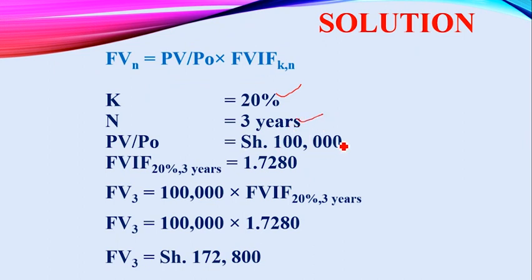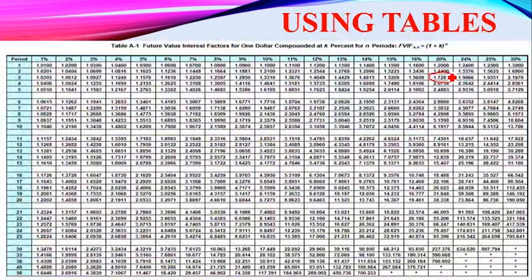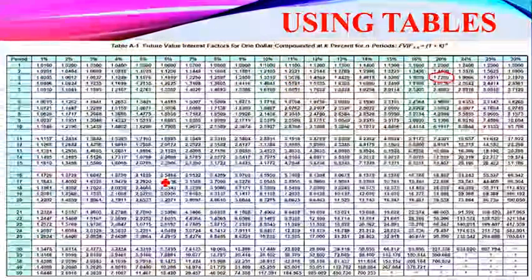Then the present value we already had as 100,000. What is the future value interest factor? We have already determined that from the table, and it is 1.7280.